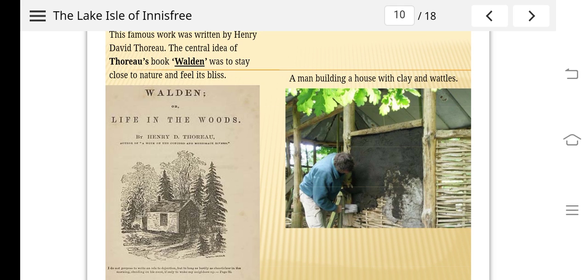Like you can see here in this part, how Walden has life in the woods, and Mr. Yeats was quite impressed with the work of Thoreau, and that's why he has added the wattles. A man building a house with clay and wattles. You can see here in this image how the wattles are. This wooden fixed part is called wattles, and clay is used to cover those wattles.